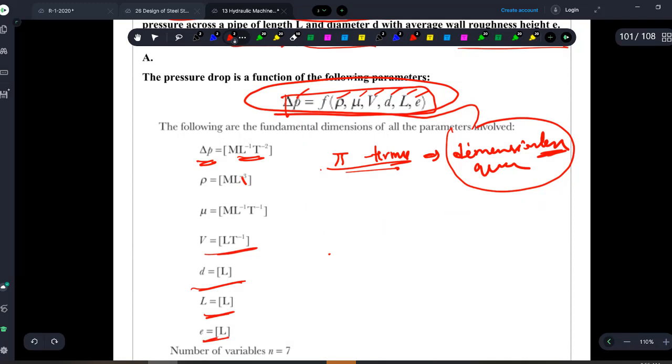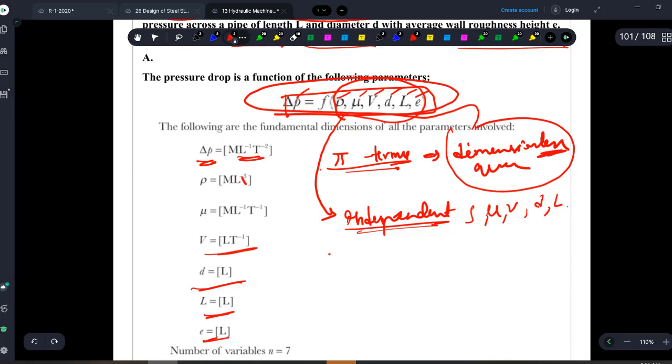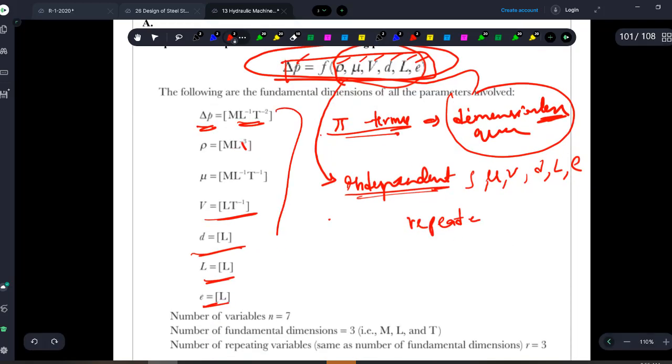Out of these 6 independent variables, whatever I have, rho, mu, v, d, l, e, I will select repeated variables, which equal my fundamental quantities. In this, how many fundamental quantities are involved? 3 fundamental quantities, right? M, L, T. So I will select 3 repeated variables from these 6 variables.